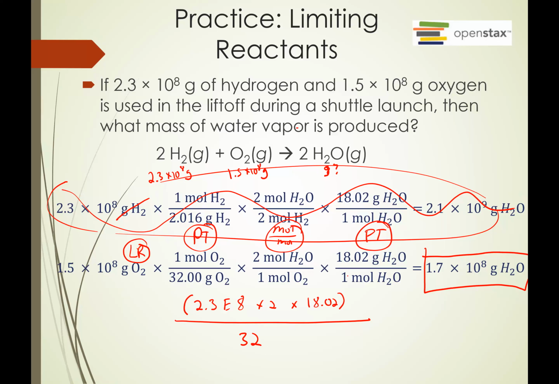If you don't use the parentheses on the calculator, what happens is it takes this 18.02 and it only divides it by 32. It doesn't take the entire top. So that's why you might need the parentheses.